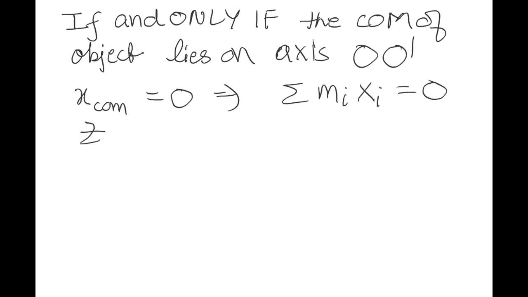And the z coordinate of the center of mass will be 0, which will imply summation of mizi equal to 0. I just wanted you to work out the condition so that you never forget.